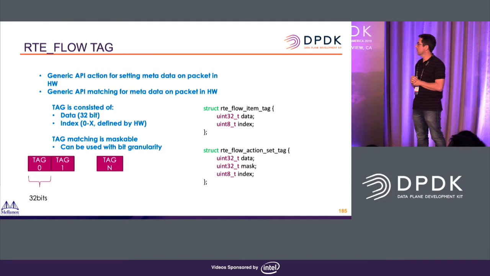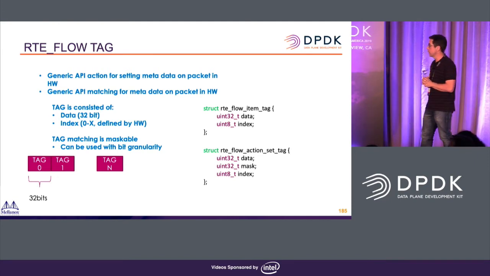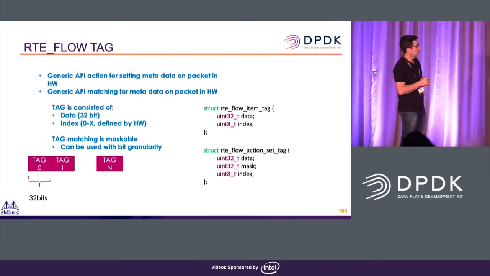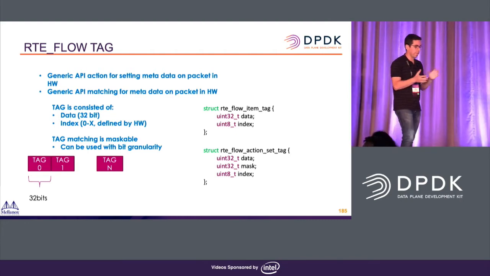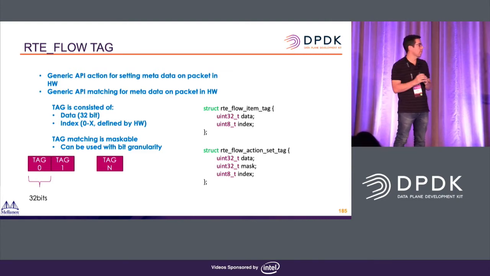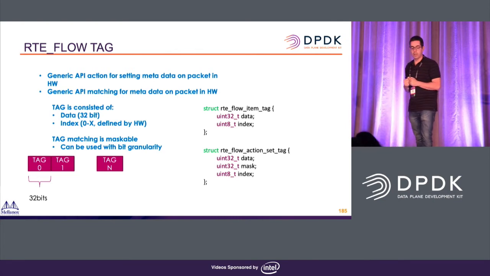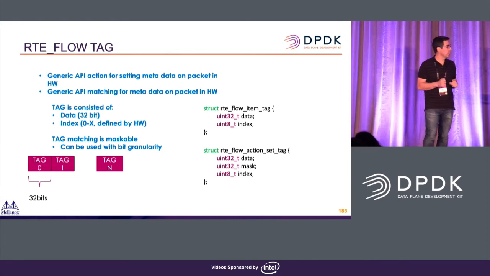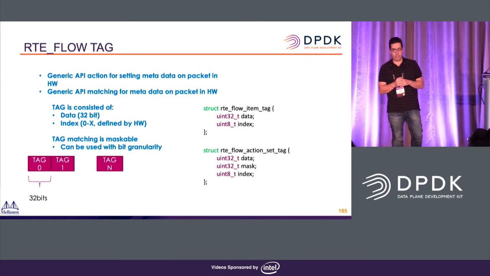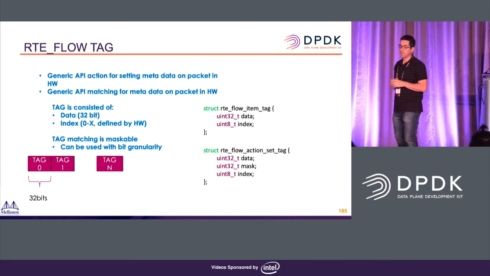You have a few such tags that you can use, with bit granularity. Since this is hardware, you can think about it as an mbuf header. We don't want to add too much data to it because we will lose performance. We have it, but we want to use it carefully. So you can set with bit granularity, and you can also match with bit granularity.